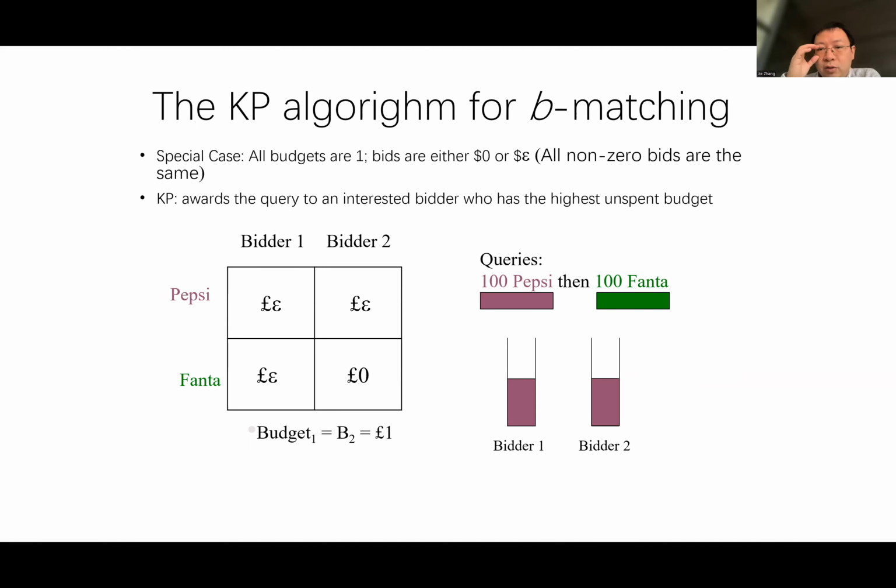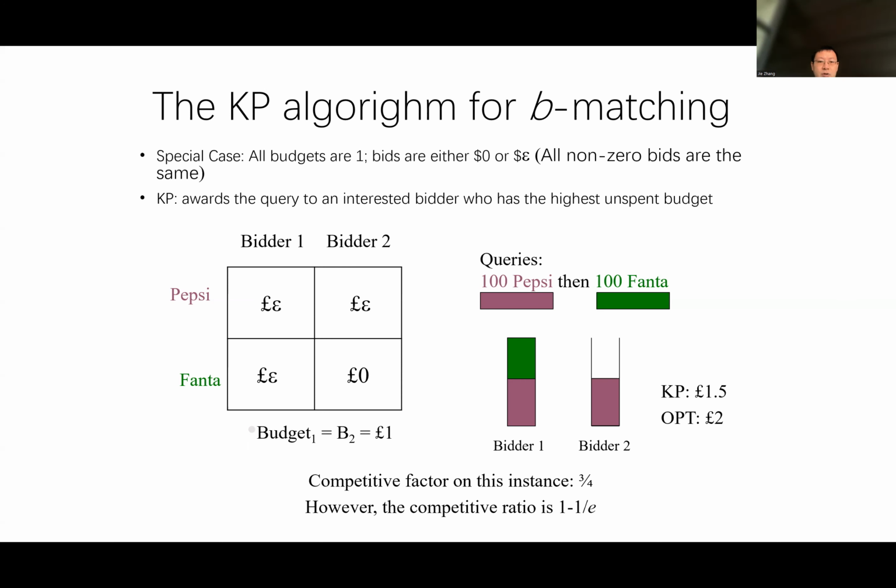And then when the 100 Fanta queries come, the search engine can display bidder one's advertisement and generate £50 revenue. So in total, the competitive ratio for this case is 3/4. And in the worst case, the competitive ratio for the KP algorithm is 1 minus 1 over e, which is roughly 0.63.